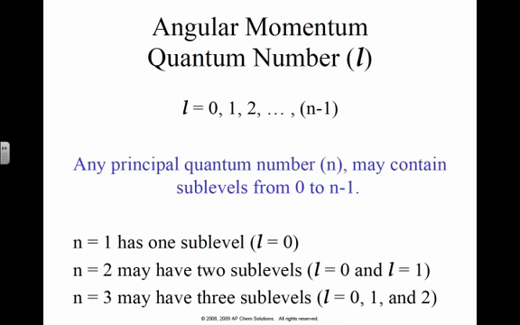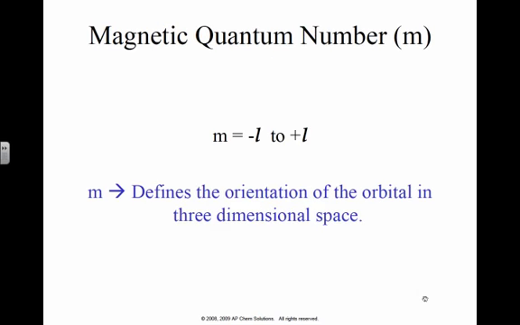One thing that they always say is the angular momentum number, it can be any quantum number, n, may contain sublevels of 0 all the way up to n minus 1. So for example, if you have the third energy level, then you can have sublevels of 0, 1, and 2. The magnetic number is going to be some sort of number between negative l all the way to positive l. So if it's -1, 0, or +1.